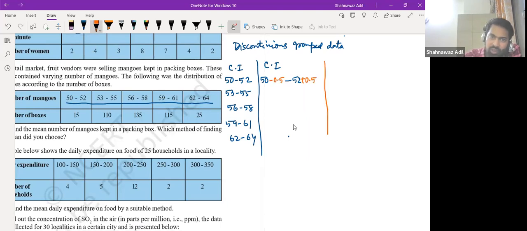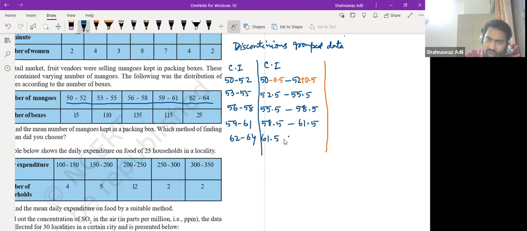Same process in all the classes. So this would become 52.5 to 55.5, this would become 55.5 to 58.5, and this would become 58.5 to 61.5. This is 61.5 to 64.5. So this is our class interval.